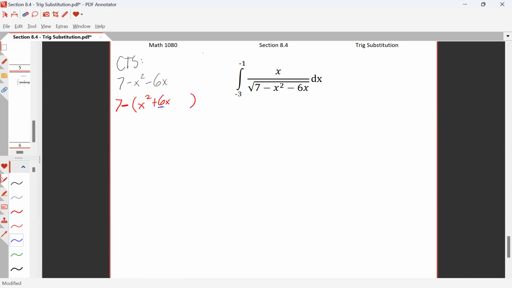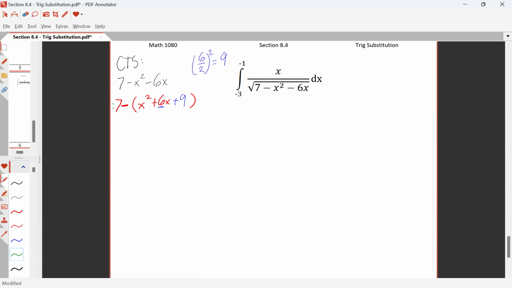We take the 6, divide it by 2, and square it. So 6 over 2 squared is 9. So we add 9. We have now completed the square on the trinomial, but we've unbalanced our equation. These two lines are no longer equal to each other, but we want them to be equal.